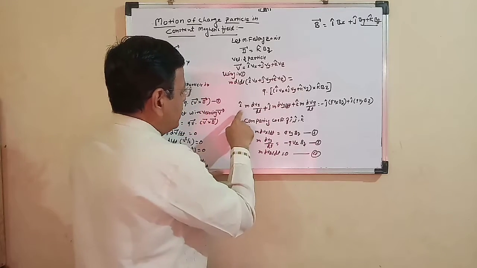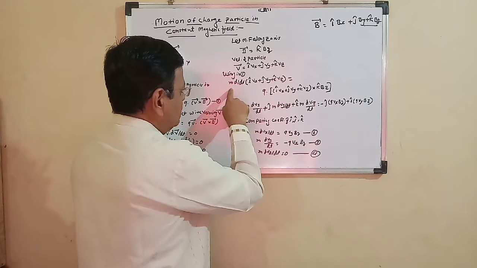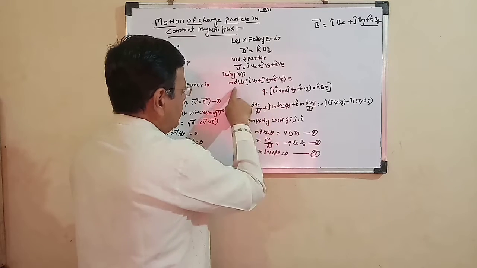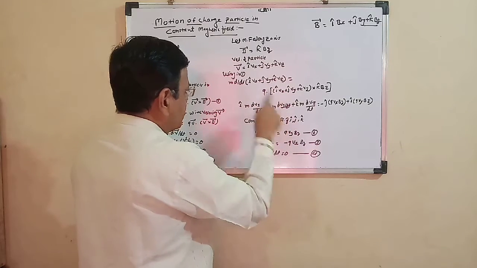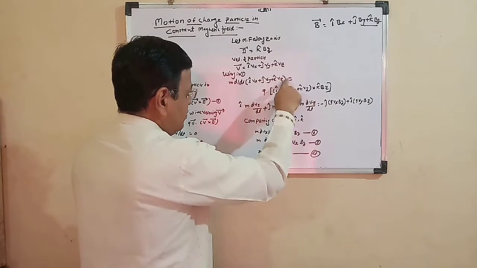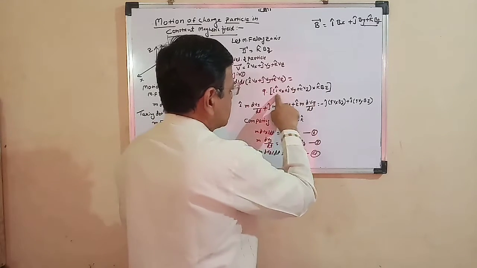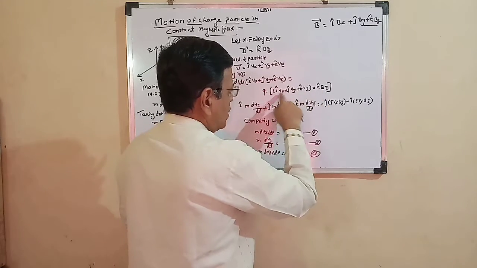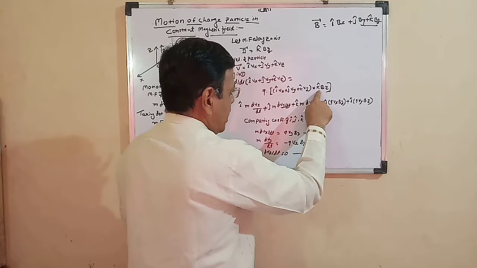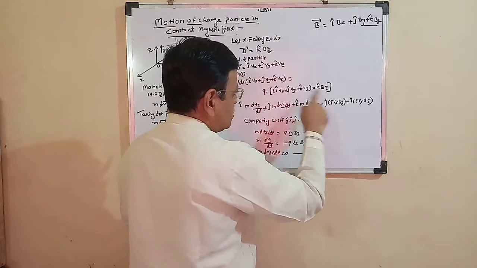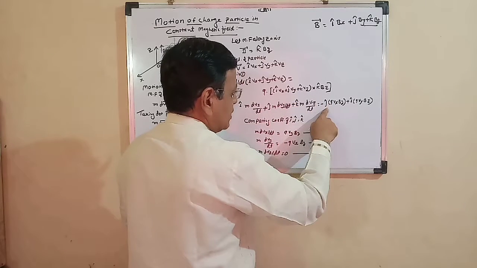So we have to write here i cap m into dvx by dt plus j cap m into dvy by dt plus k cap m dvz by dt is equal to the cross product. i cap cross k cap, that value is nothing but, i cross k is nothing but minus j.